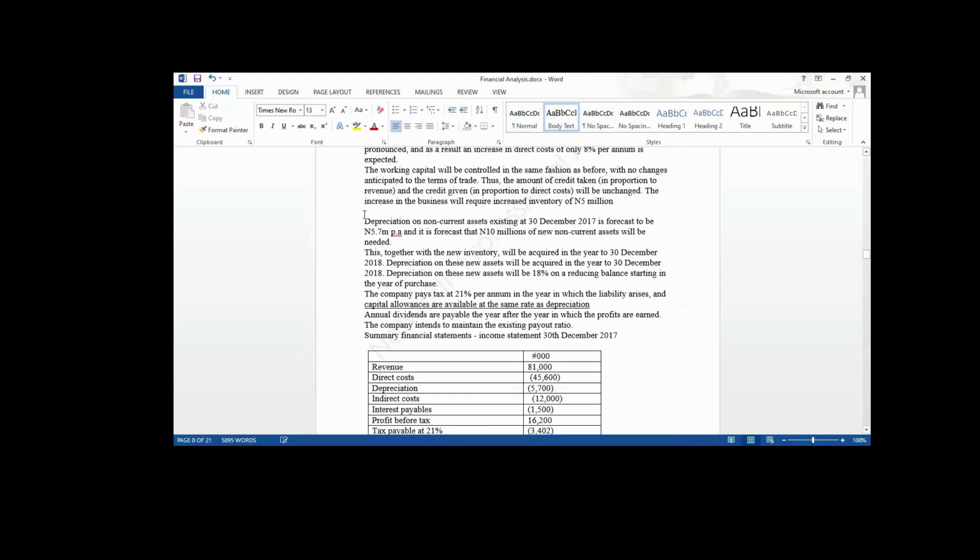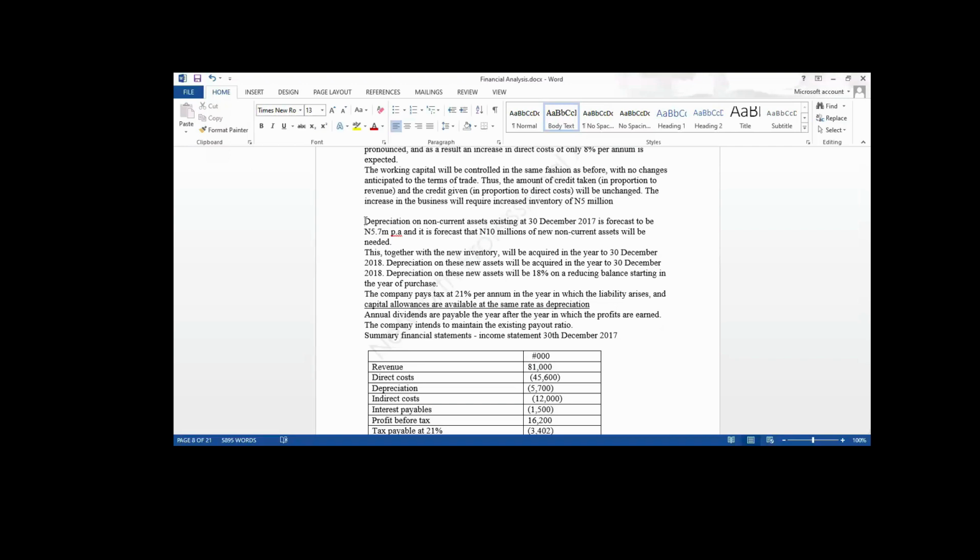We have gotten to this place now. Now look at the next note. Depreciation on non-current assets existing as at 30th December 2017 is forecast to be 5.7 per annum.